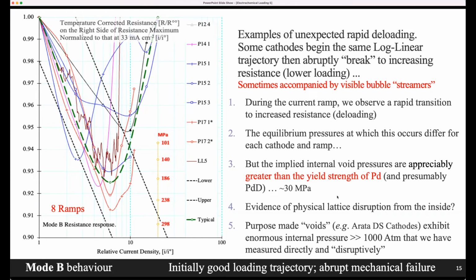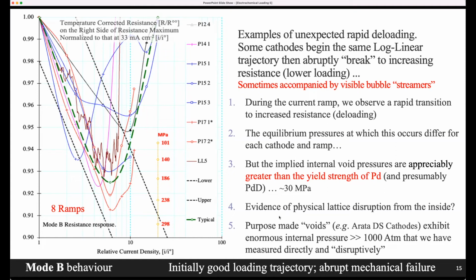What I am arguing here is that this is a condition with an internal void. The void has been pumped to a very high pressure. I indicate the pressures in this orange bar labeled in red, the Baranowski pressure equivalent to that resistance ratio. These are big numbers, 100 megapascals to 300 megapascals, remembering the yield strength of palladium is around 30 megapascals.